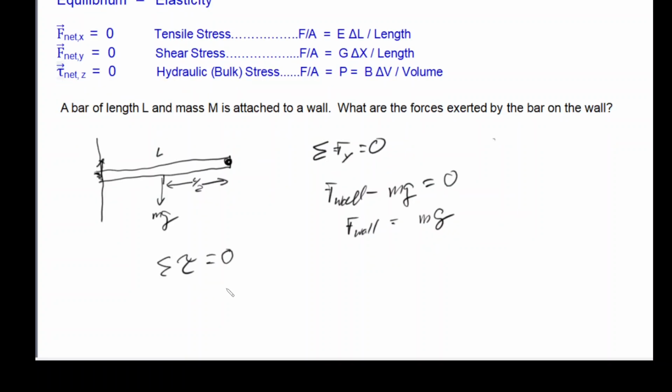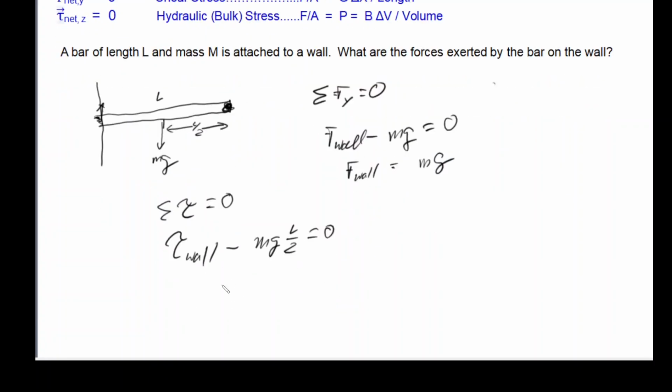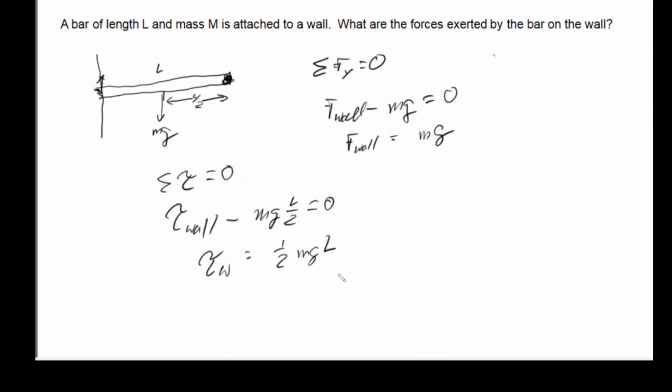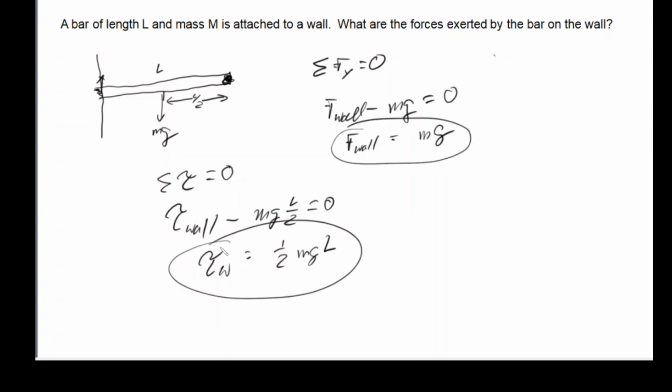So we have the torque exerted by the wall minus the torque due to the weight, which is mg times the distance from the rotation point, L over 2, has to equal 0, or the torque of the wall is equal to 1/2 mg L. So these are the forces exerted on the wall: the force of the weight of the bar and the torque of the bar.